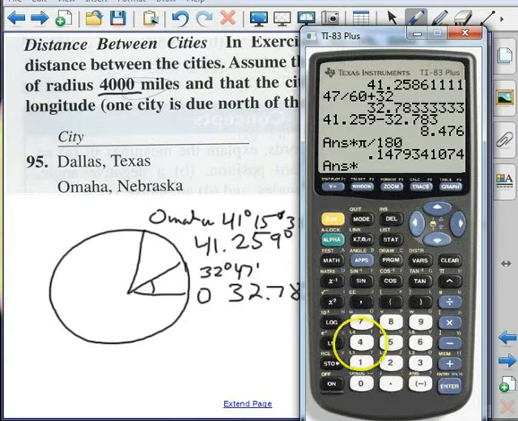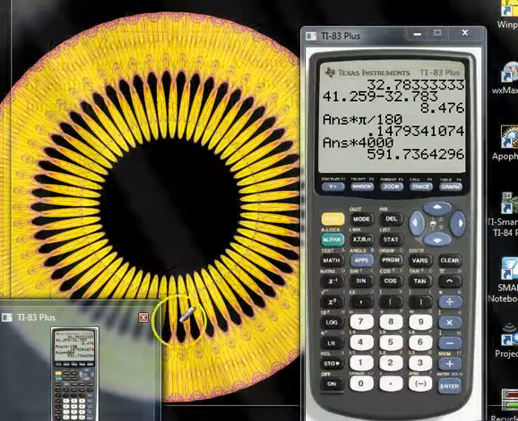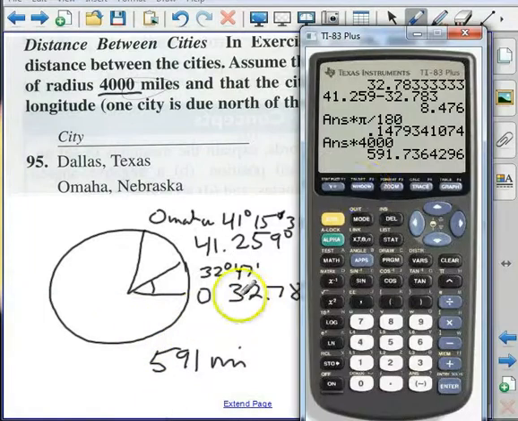Multiply that by the radius of the Earth, and they're about 591 miles apart. Let me grab all those calculations for you, and we'll put them in the notes here.